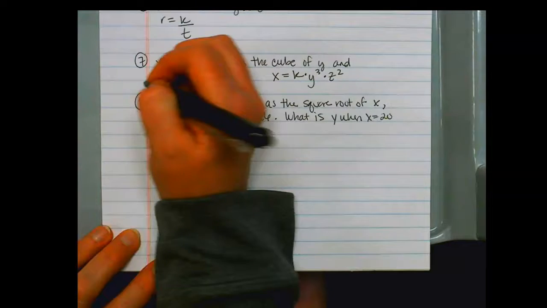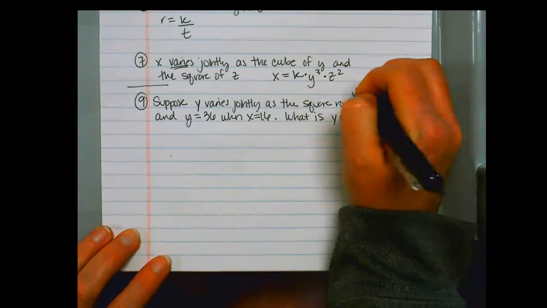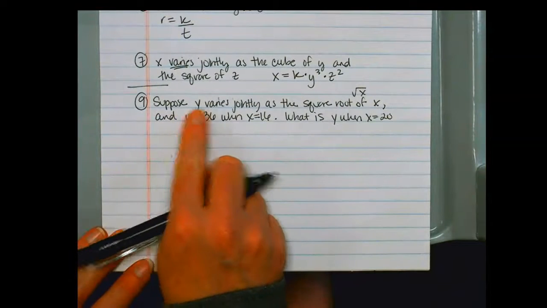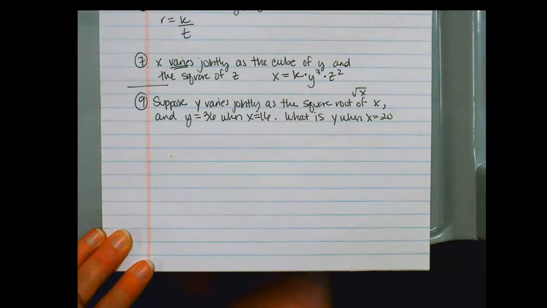Okay, 9 starts a series of different sort of problems. They're the same problem, but you actually have to work some math out. So 9 says, suppose y varies directly as the square root of x. Oh, varies directly.